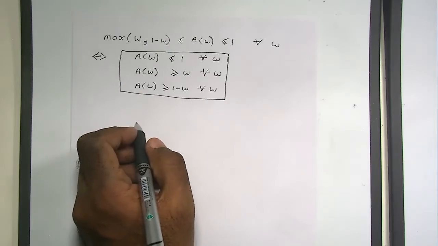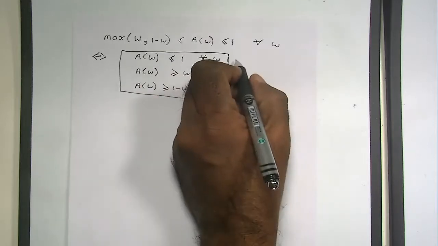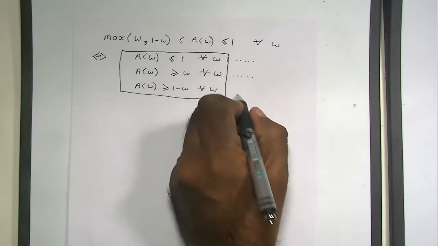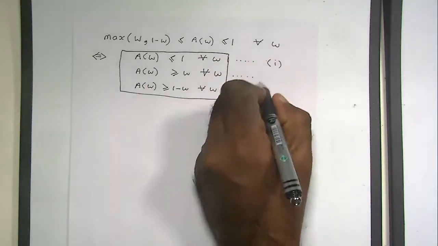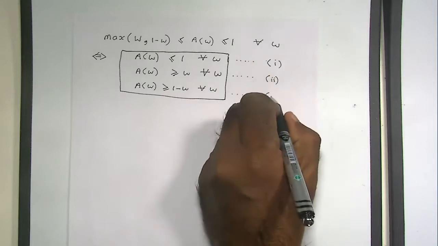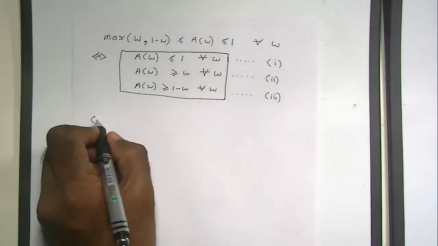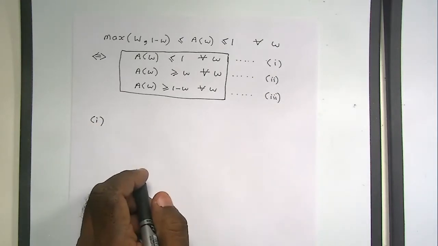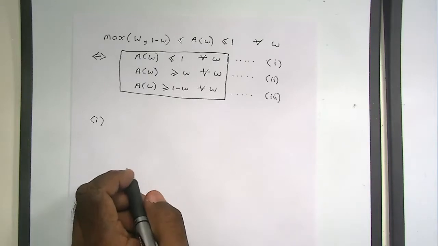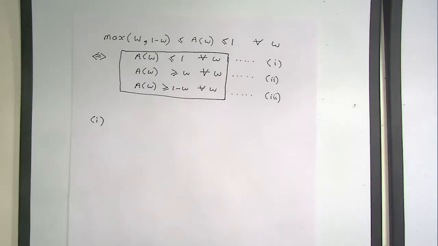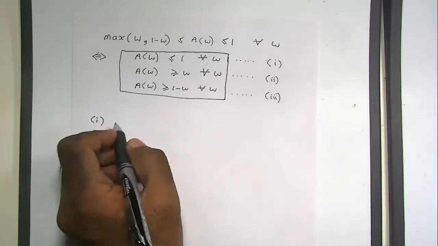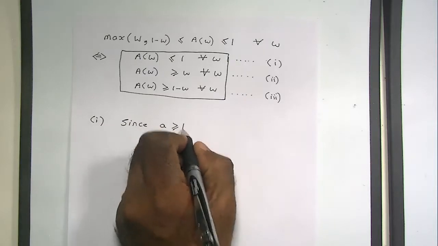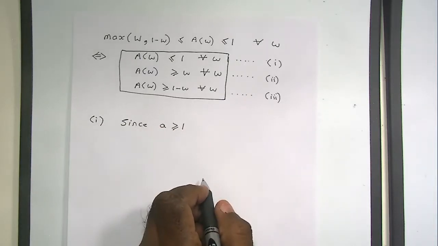Now, we start with 1. We know that A is a number, and the question says that A is greater than or equal to 1.